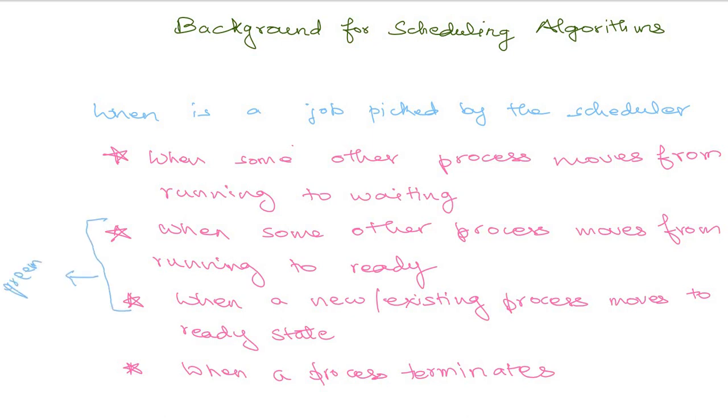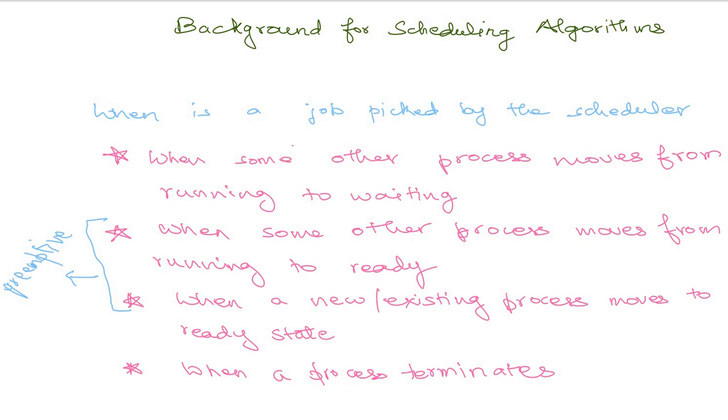Now, what do we mean by preemptive ones? In this, what happens basically is that we need to preempt the existing process on the scheduler, then we can do this. So that's why it's preemptive, and when we discuss the preemptive scheduling algorithms, we'll understand the meaning of preemptive in more detail.